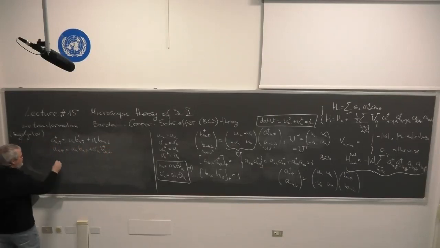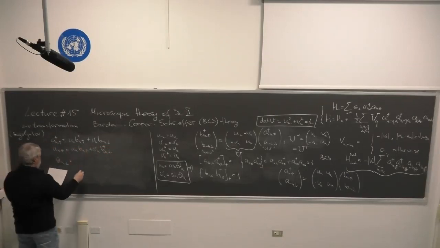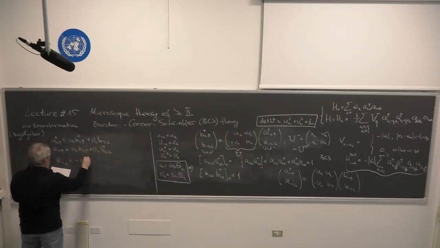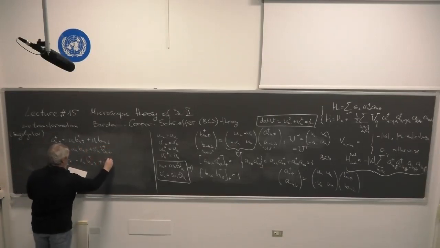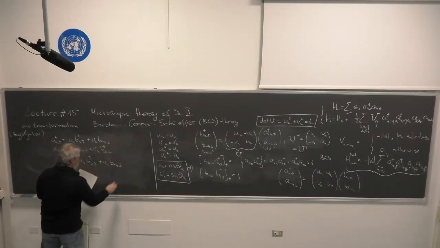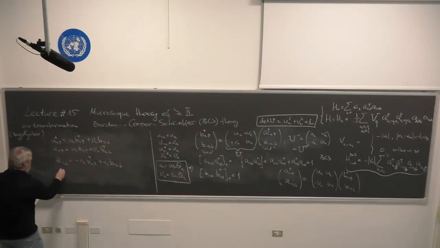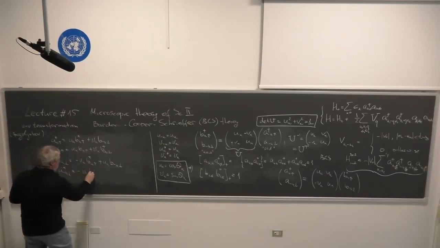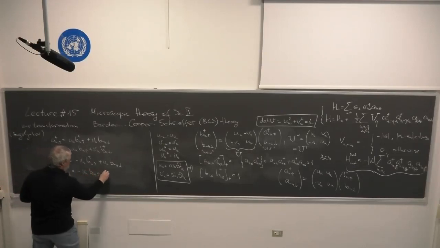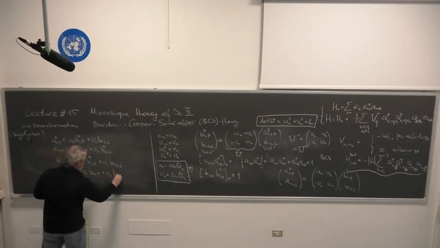Then for spin down, a_{-k↓} is equal to minus v_k b†_{k↑} plus u_k b_{-k↓}. And a†_{-k↓} is equal to minus v_k b_{k↑} plus u_k b†_{-k↓}.